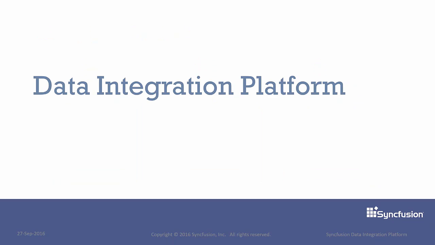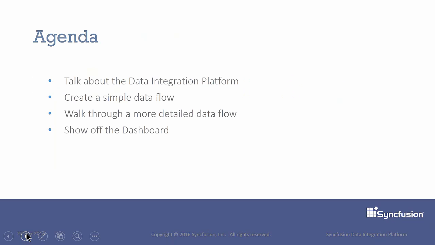All right, everybody, welcome to the Data Integration Platform webinar. Today, here's my agenda, and we're going to go through all of this, the more detailed data flow. The idea is we take some data out of a SQL database and put that together with data in a log file, in a directory structure.